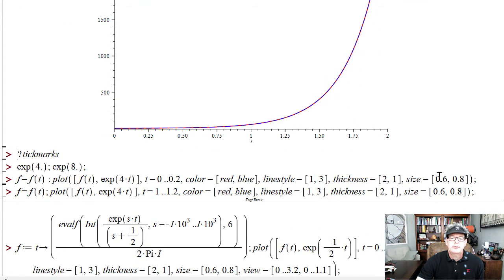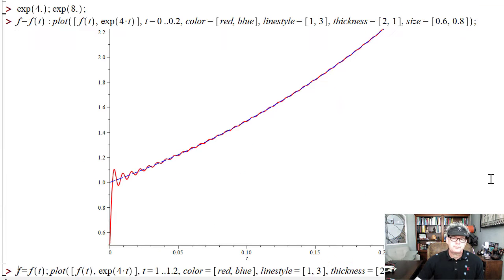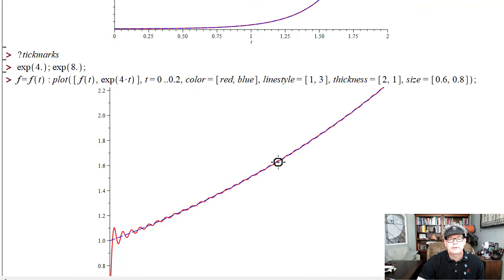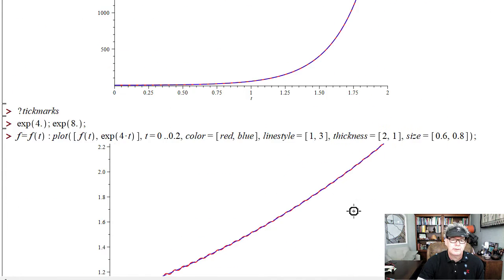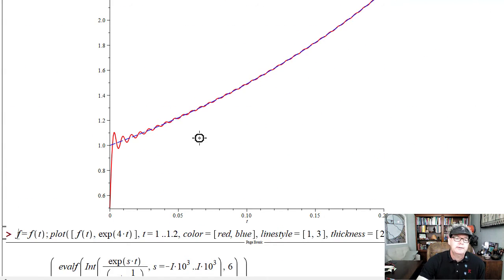If I zoom in, there's sometimes trouble, not all the time, but near 0, you see a little wobbliness in our function, and there's a relation with the Fourier transform, so I won't go into that. So e to the 4t is graphed along with, in red, the f of t. It's a pretty good match, and I assume if my limits were actually from negative infinity to infinity, the wiggle would slowly disappear.